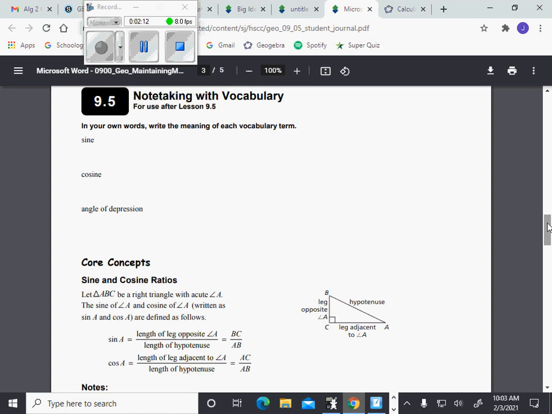Okay, the sine and cosine, both of these, are trigonometric ratios.